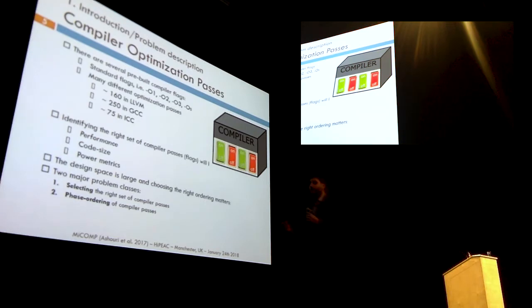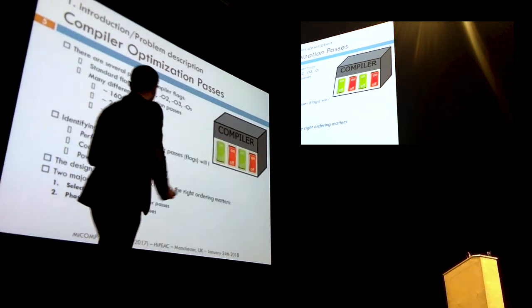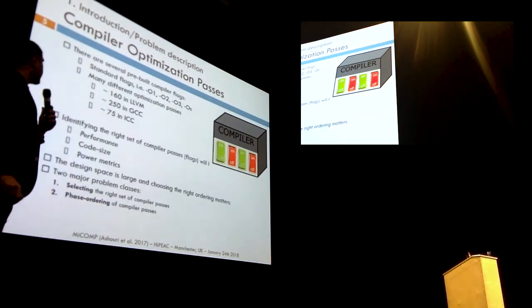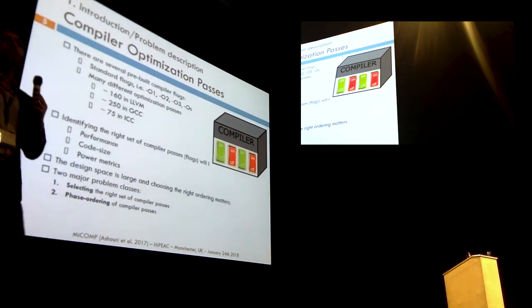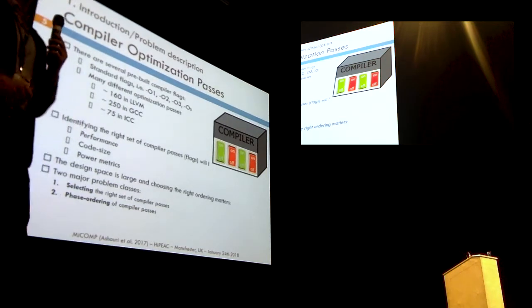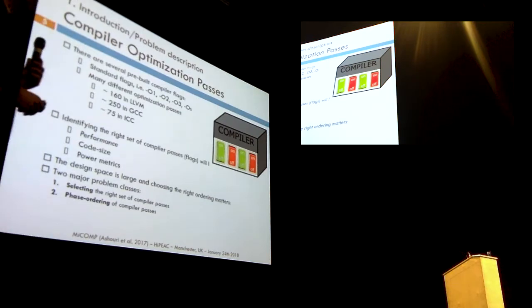What the compiler passes bring us also poses a challenge. The challenges are classified into two major classes, known in the field as the selection of the best compiler flags, or identifying the right compiler flags to choose, and also the phase ordering of those. What if we play with the phases and apply repetition as well?